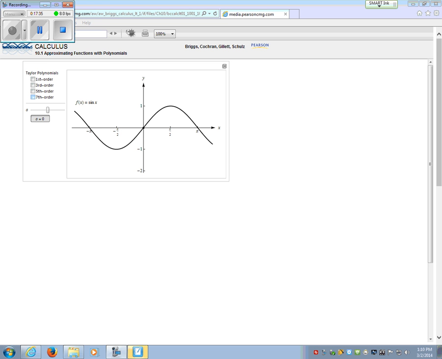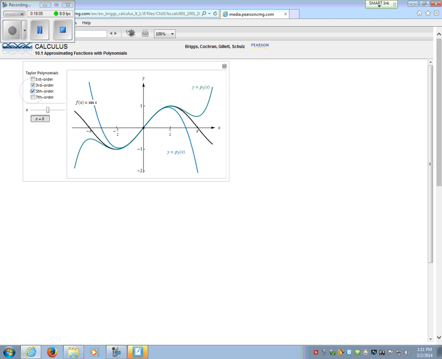Okay, I do want you to look at one thing, though, before we quit this section. We're centering this around 0 right now. If I look at the first order approximation, that's that line. The third order is that cubic equation, the third degree polynomial, third order polynomial. Notice how it approximates better as you get further away from 0. The first order one was just real close to 0, but the third one is actually better further away.